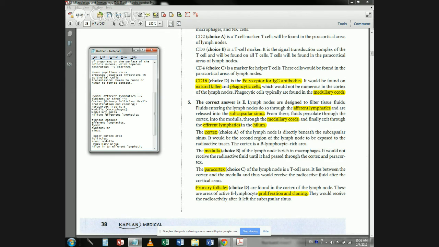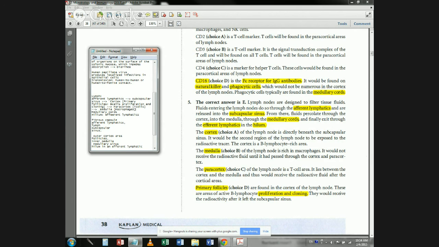So what was my issue? Let me just go ahead. So lymph, afferent lymphatics, subcapsular sinus to the cortex. And from the cortex, it goes into the paracortex. From the paracortex, it goes into the medulla. And from the medulla, it goes to, well, I don't know. Are the medullary cords inside?